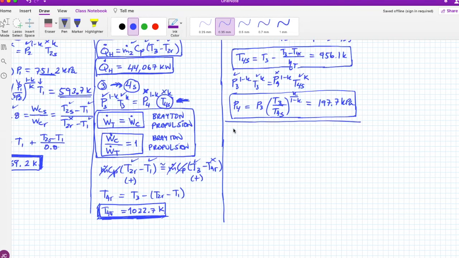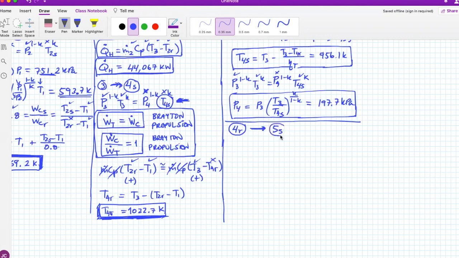So for the nozzle, you will write P4 to the power 1 minus K, T4 to the power K. Let me do it more correctly: 4R. Why? Because outside of the turbine, it's a real turbine, and you have found out everything about it. Therefore, it's 4R, and you go to 5.